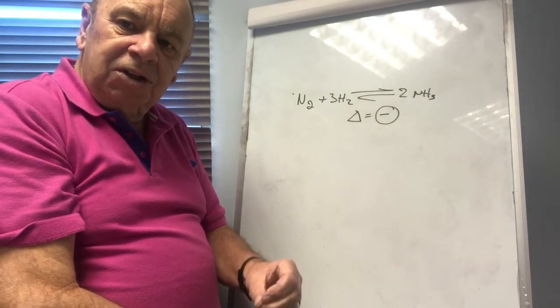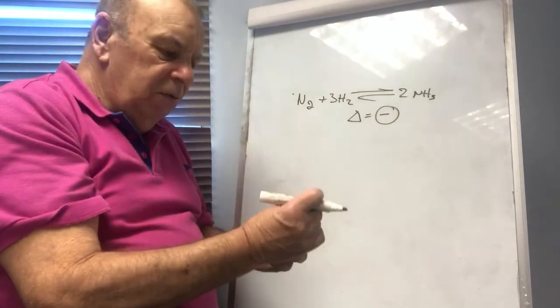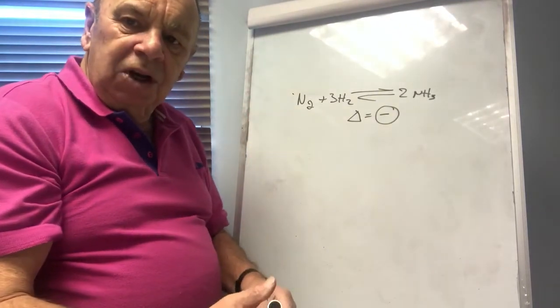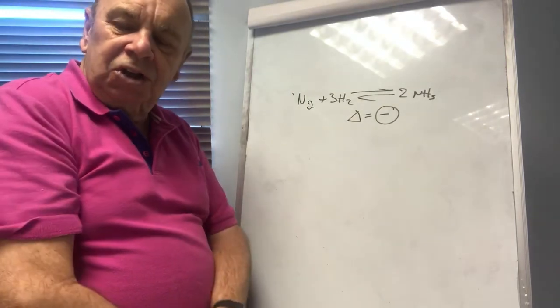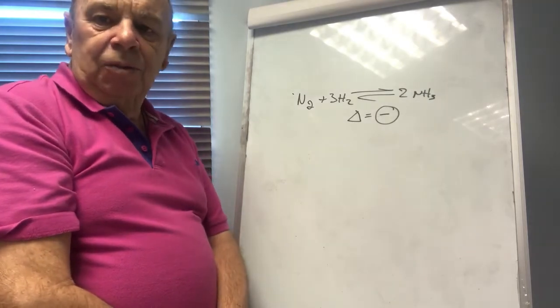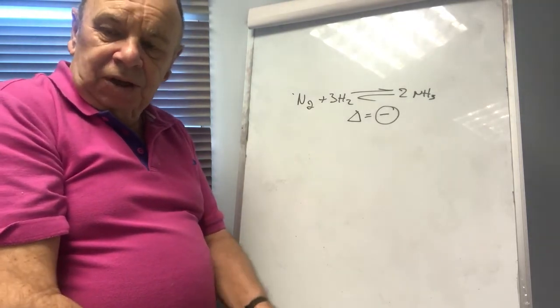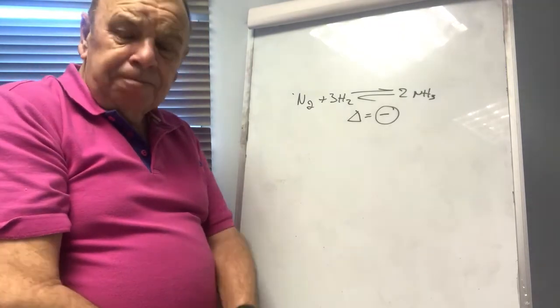But if you increase the temperature, it moves the opposite way. So what we do is we compromise on the conditions of the temperature and the pressure, and we speed up the rate of reaction by using a catalyst.